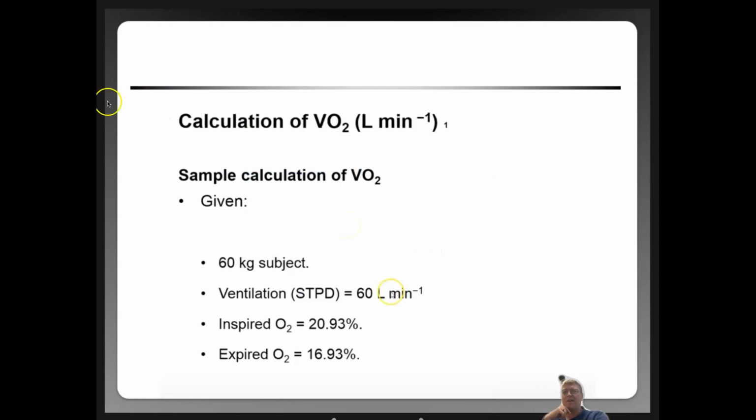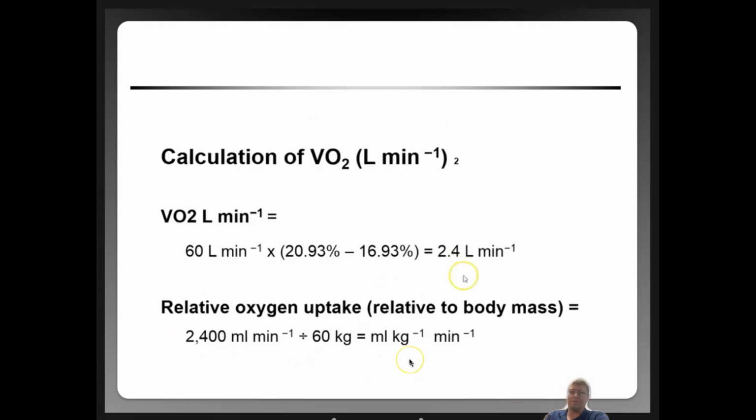So here's how that calculation would happen. You have the weight of the subject, and we will put that in. You'll have your ventilation of, let's just call this one, 60 liters a minute. They have 20%, and 17% is how much comes in. That's how much goes out. Then you do the same thing for carbon dioxide.